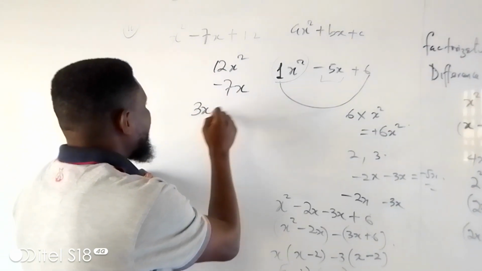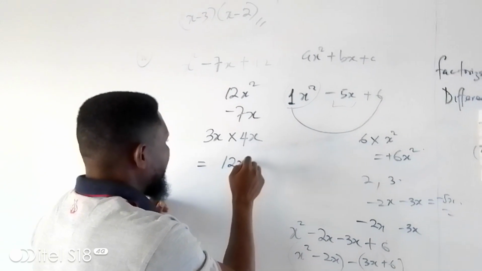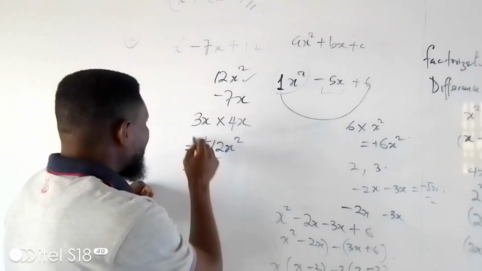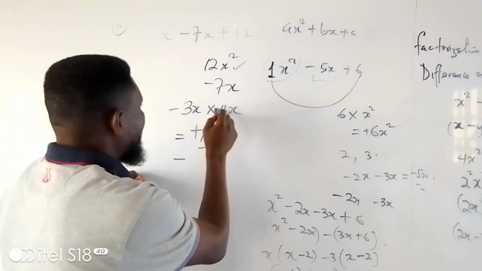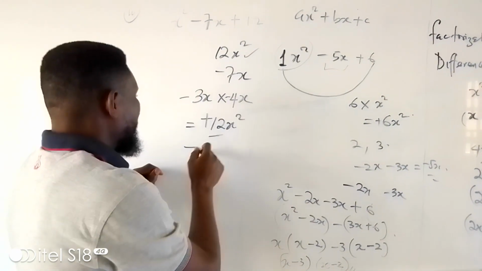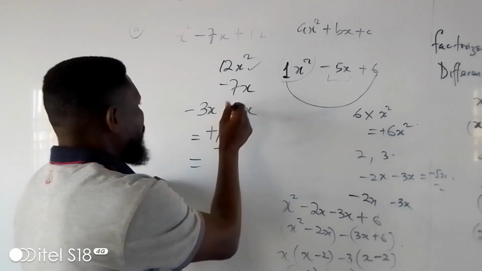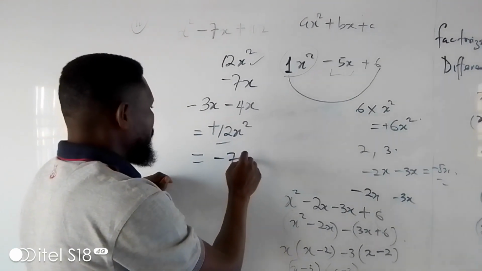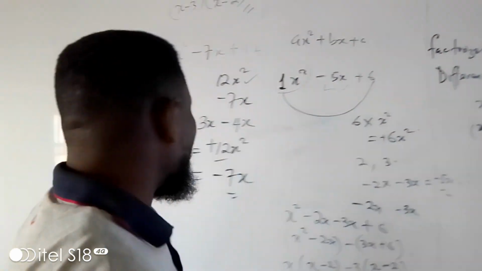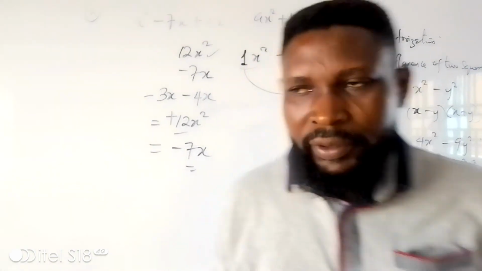Let's see. 3x times 4x will produce 12x squared. And minus 3x times minus 4x will produce plus 12x squared. And minus 3x minus 4x will give us minus 7x. So the factors here are minus 3x and minus 4x.